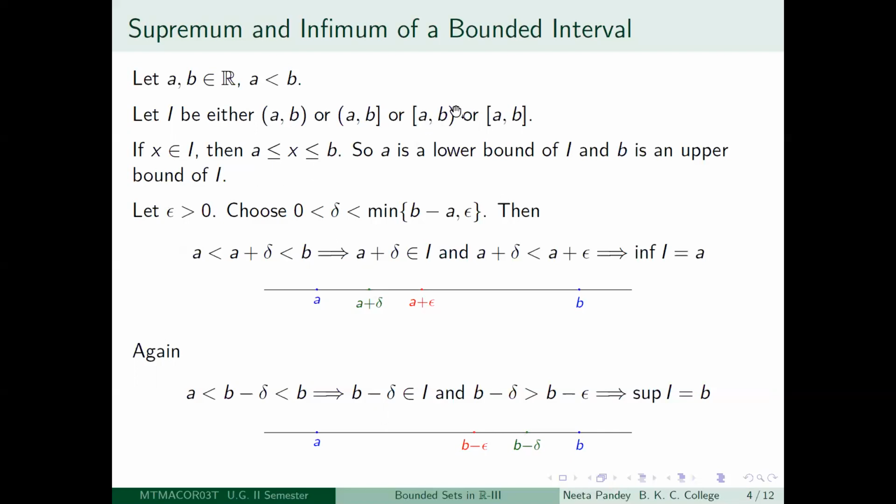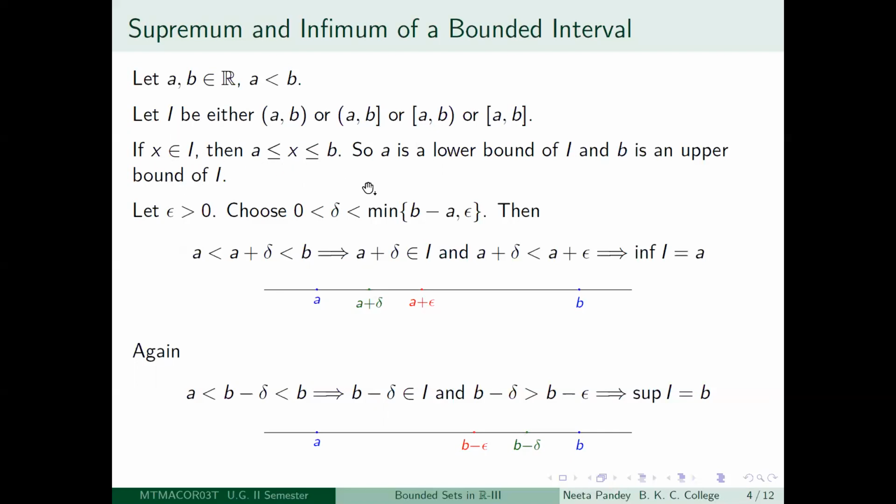Similarly for this one, and also the final one, closed interval [a,b], if x belongs to I, then a is less than or equal to x less than or equal to b. So in any case, this statement is true for any x in either of these four intervals. Therefore, a has to be a lower bound of I and b is an upper bound of I. So therefore, I is a bounded set.